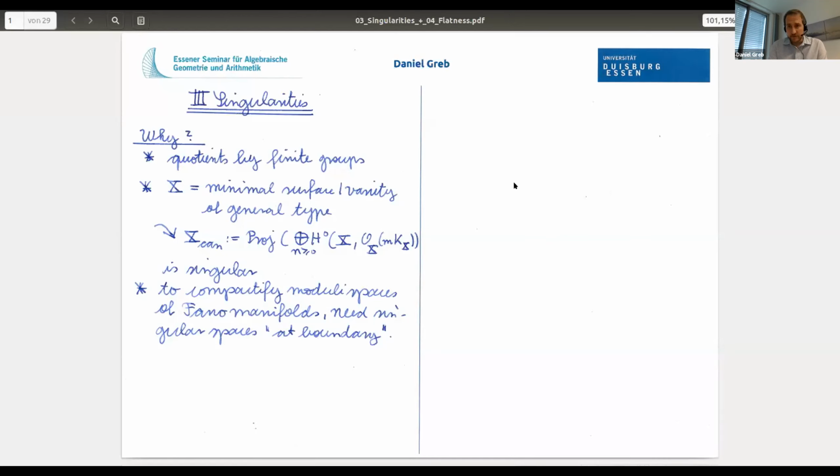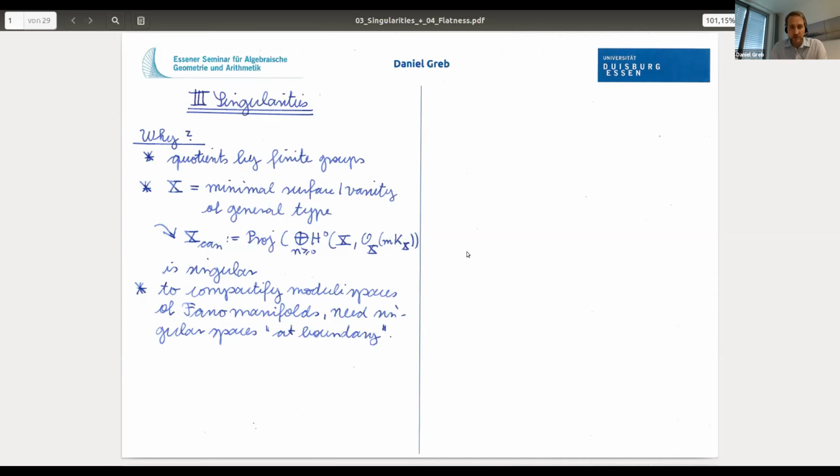If you're interested in surface theory, for example, if you take a minimal surface of general type, say smooth, so this is a surface of general type without having -1 curves, you look at the canonical ring, which is this direct sum of sections of O_X(mK_X).